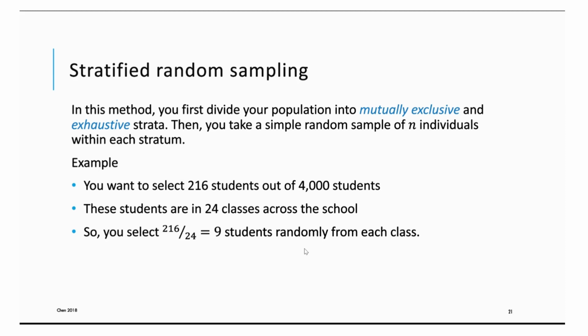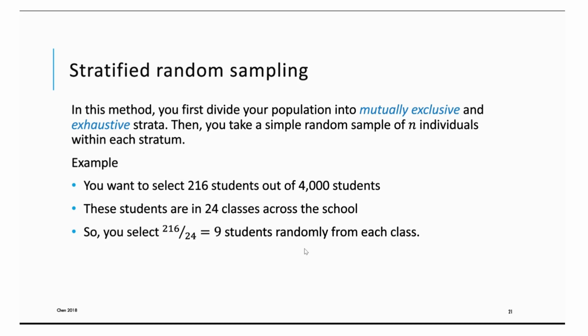To address this kind of problem, where you are interested in certain subpopulations based on certain characteristics, and you don't want to leave it to chance that the subpopulation is adequately sampled in your sample, we approach it with what's called stratified random sampling.